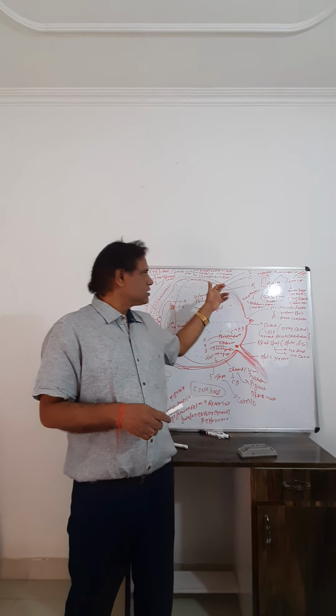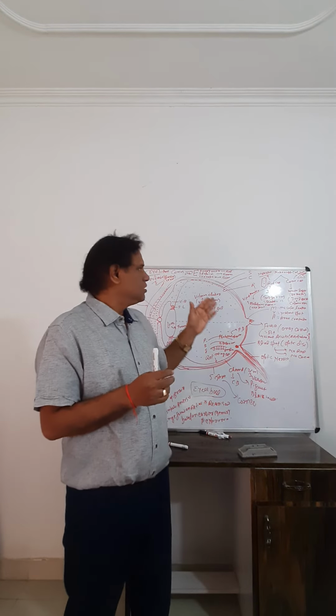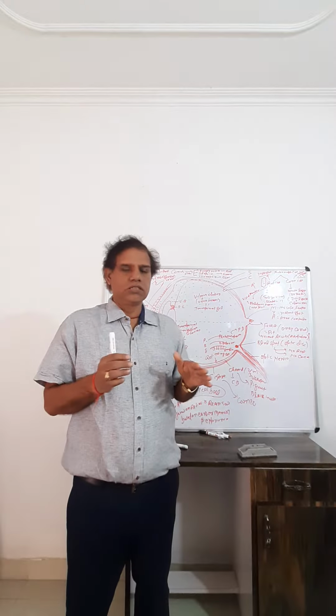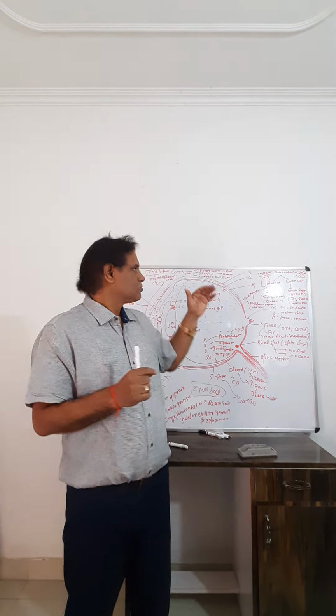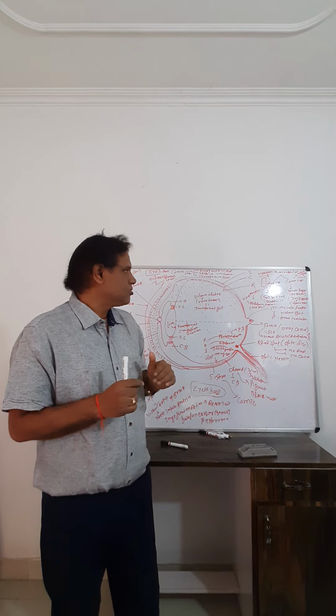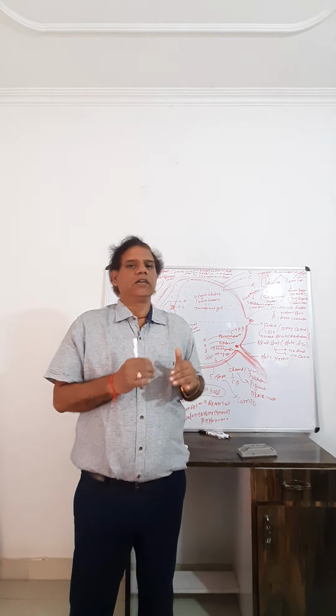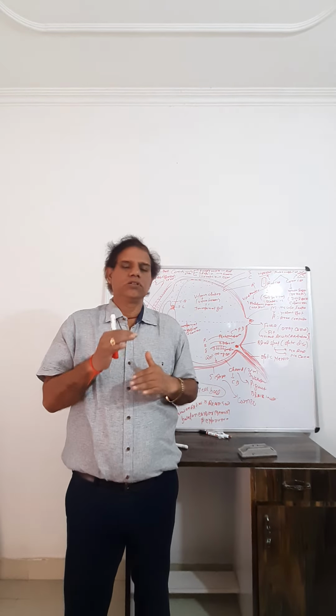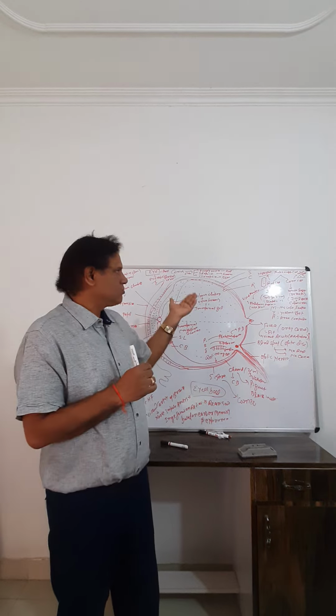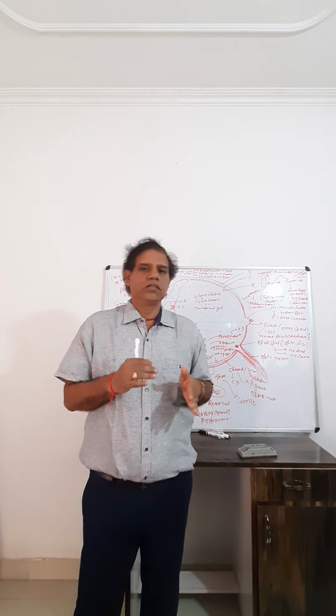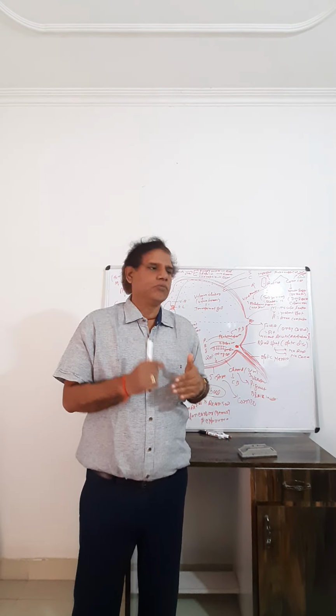The rod cell is rod shaped. Deficiency of rod cells causes night blindness, and deficiency of cone cells causes color blindness.